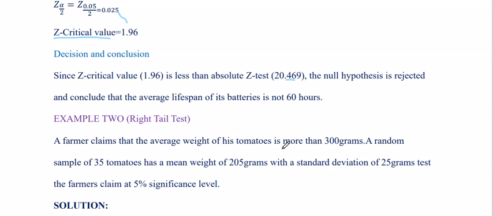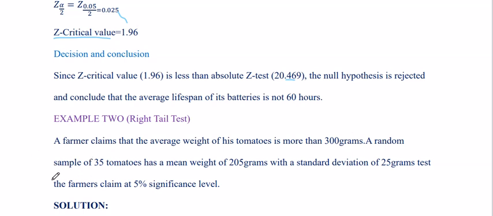This greater than sign faces the right hand side, just to understand it, while the left one, the less than sign, is our left T test. But here we are talking about the right T test, more than, that is greater than 300 grams.